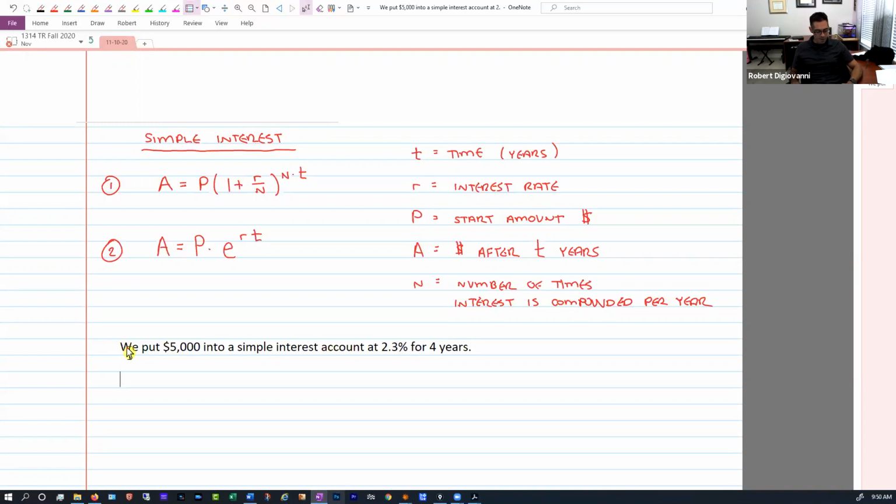Okay, so the first question is how much is there if interest is compounded monthly. The second question is how much if interest is compounded, let's go quarterly.